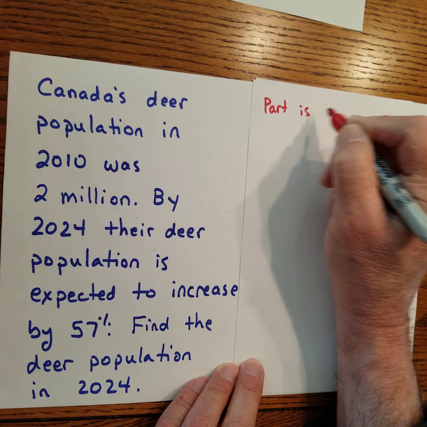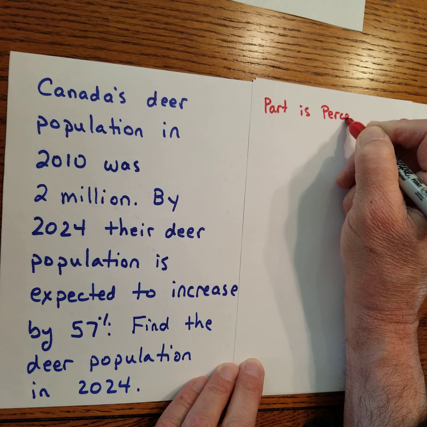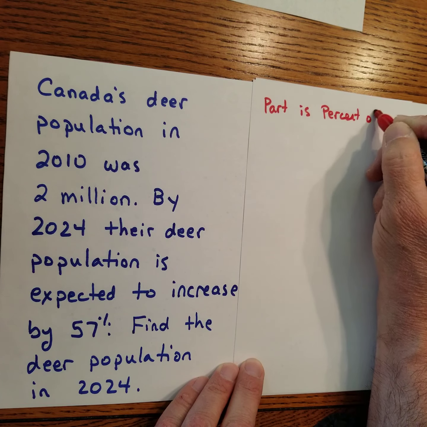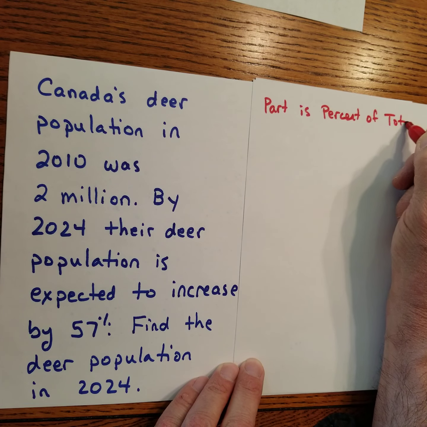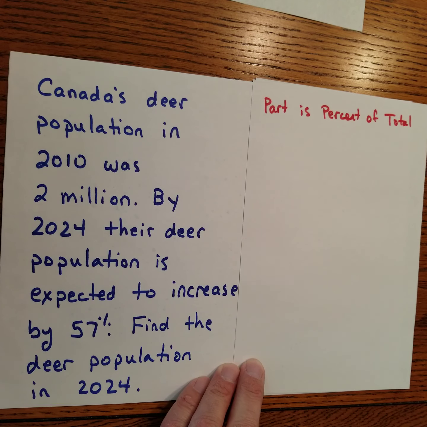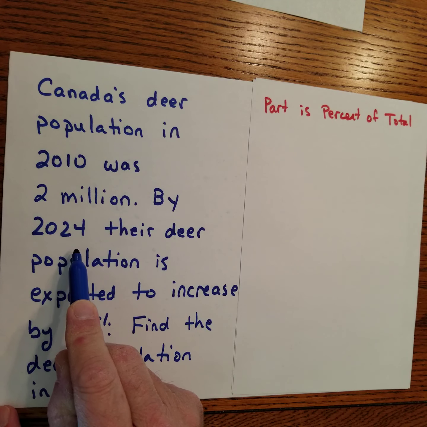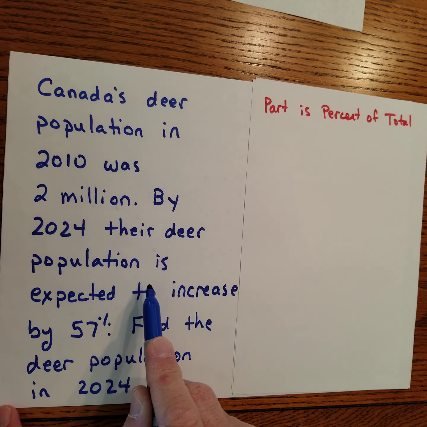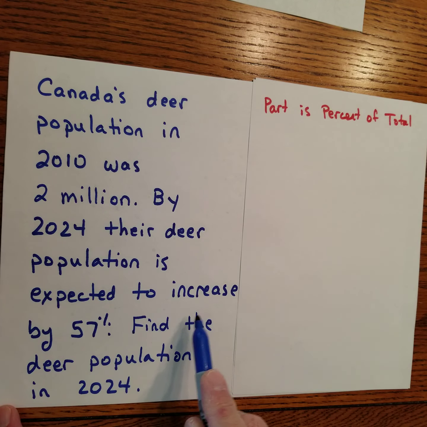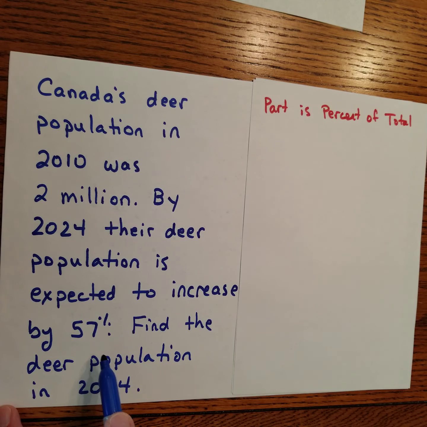Part is percent of total. Now let's read the problem. Canada's deer population in 2010 was 2 million. By 2024, their deer population is expected to increase by 57%. Find the deer population in 2024.